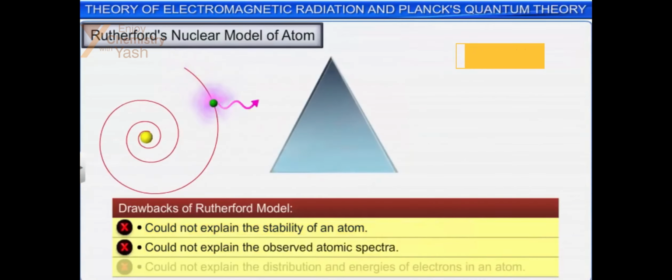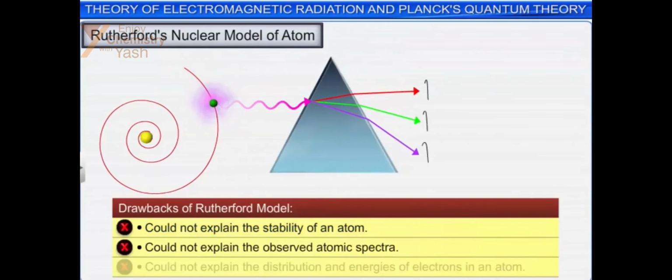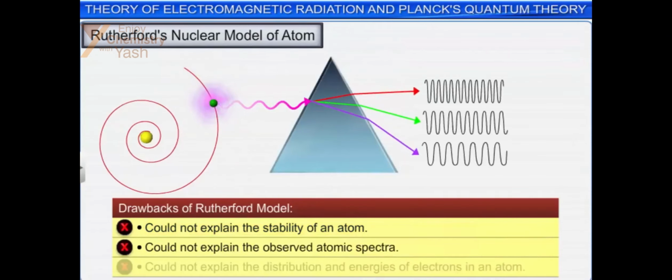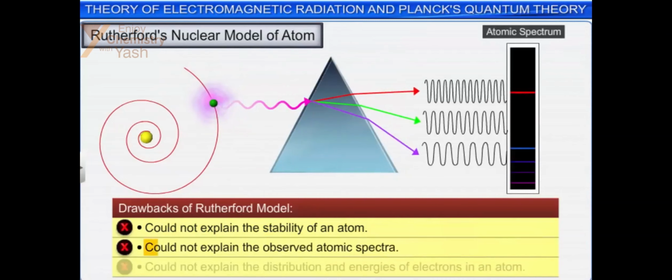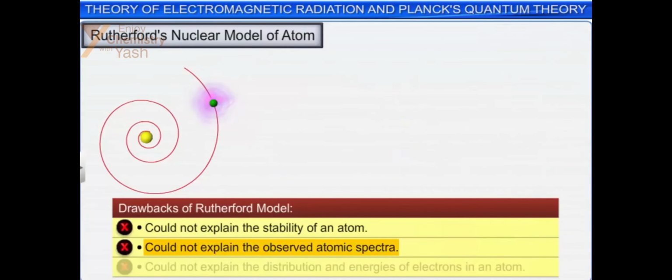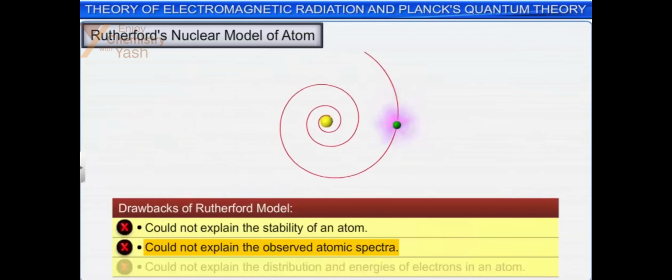Secondly, as a consequence of its inability to explain the stability of an atom, it couldn't explain the observed atomic spectra. This is because, according to the electromagnetic theory, an accelerated electron continuously emits energy and ultimately it falls into the nucleus along a spiral path.